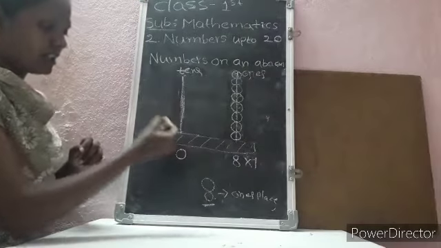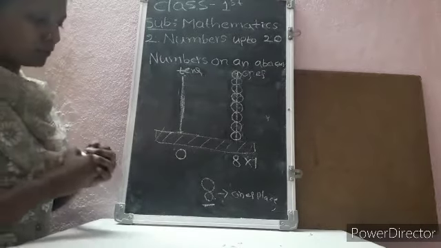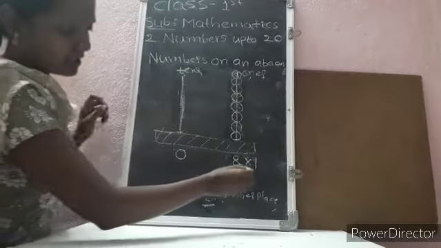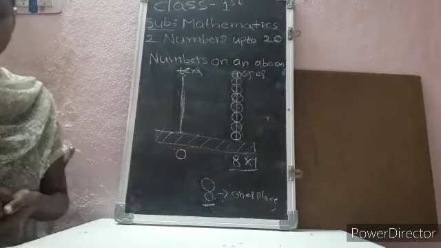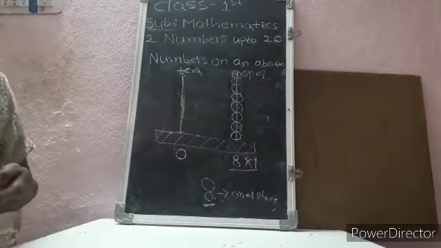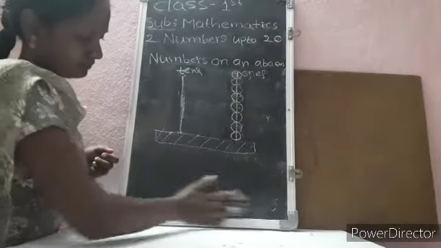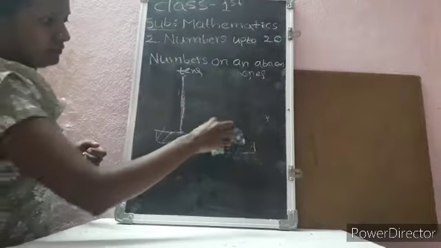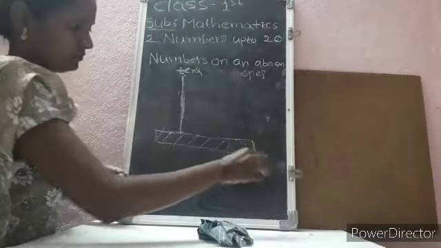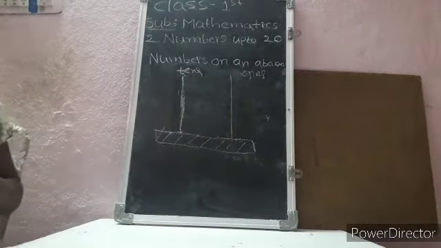We already know the empty spike is represented as a 0. So consider this number only 8. Now move to the next one. Next one is 6.